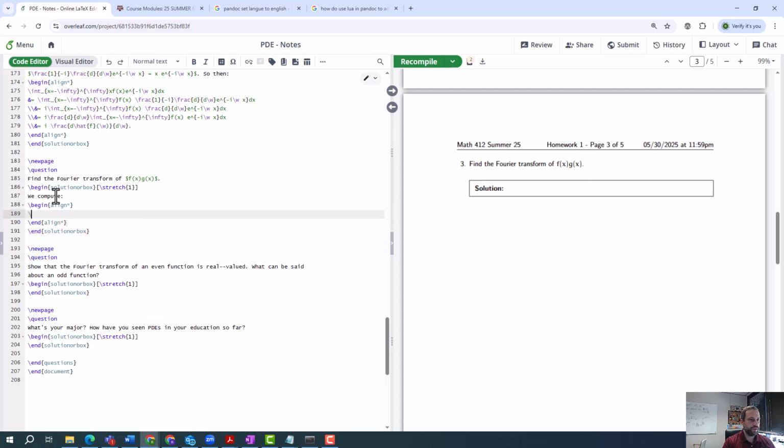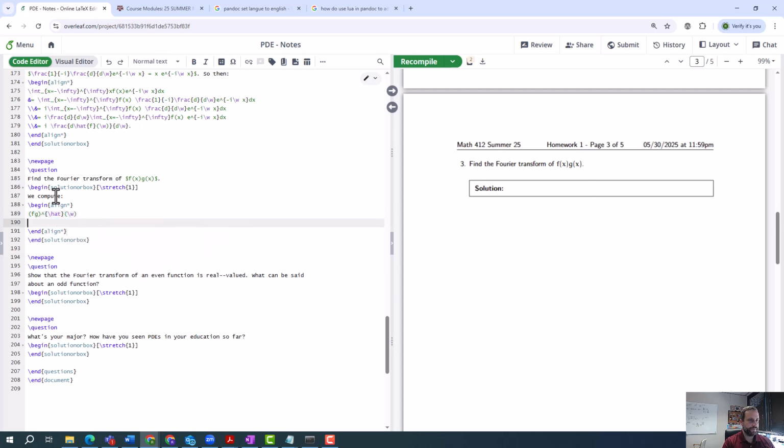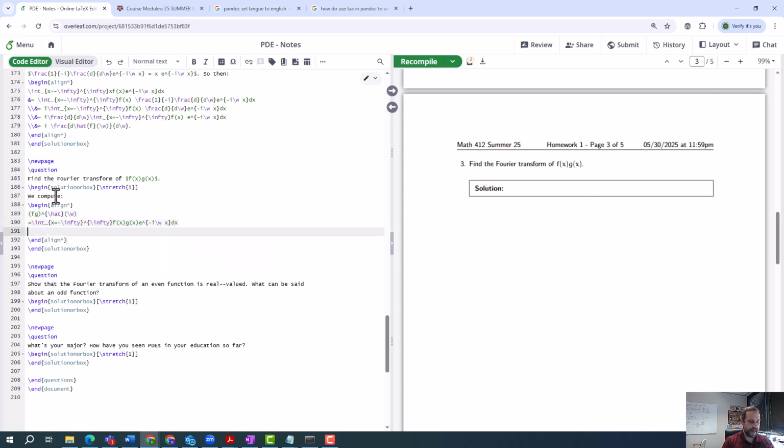Okay, so let's see if we can work through this. We want to do the Fourier transform, how did I do this before? I think it was like this. (fg) hat of omega is equal to the integral from x equals minus infinity to positive infinity of f of x, g of x, e to the minus i omega x, and we're integrating with respect to x.